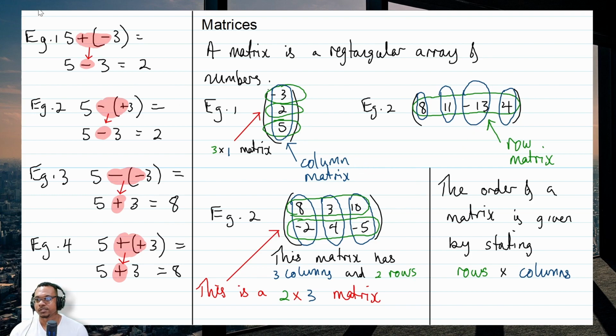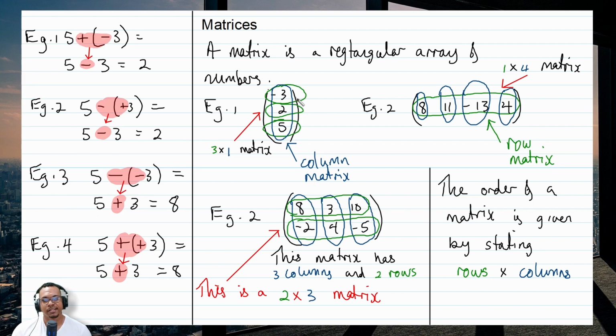So this is called a 1 by 4 matrix. That's the order, a 1 by 4 matrix.